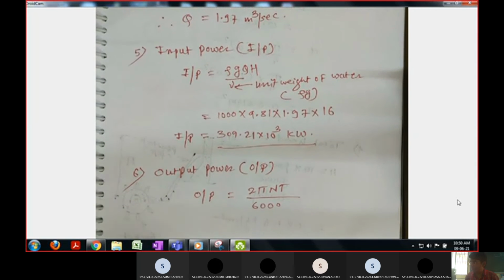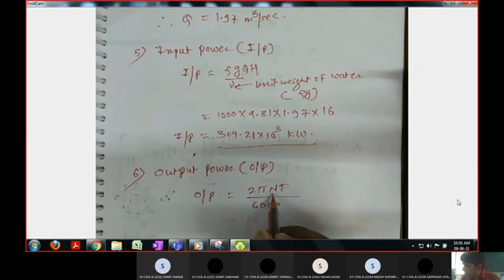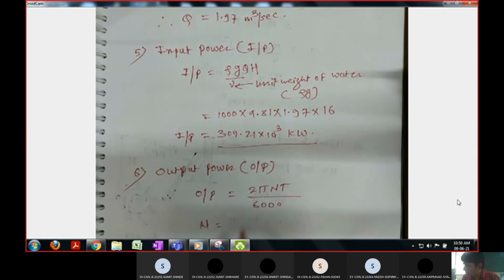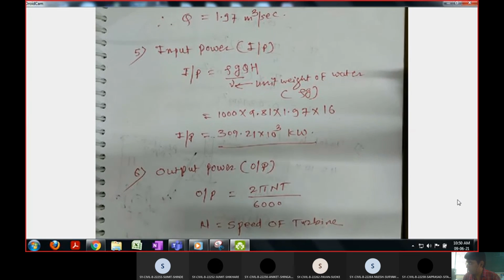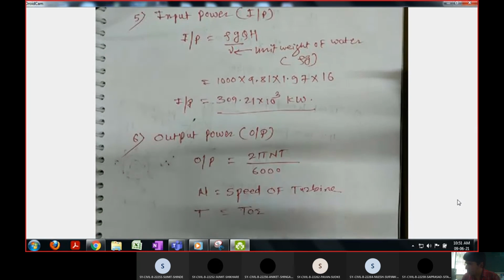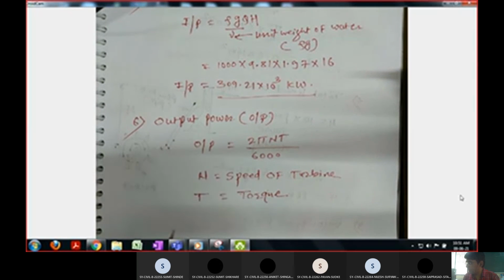Here N is the speed of the turbine and T is the torque.